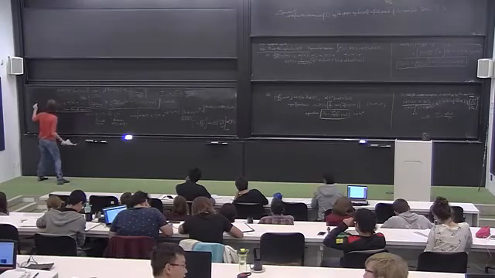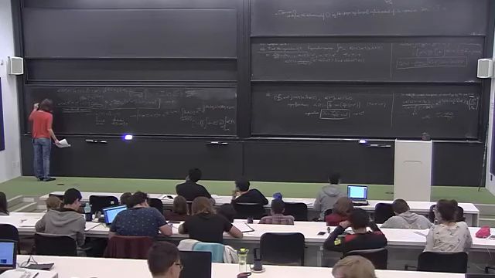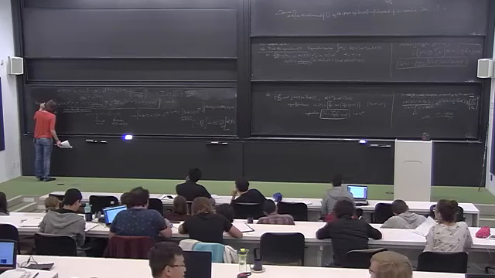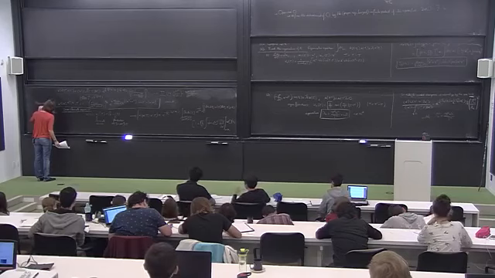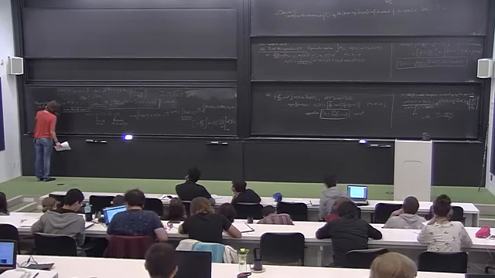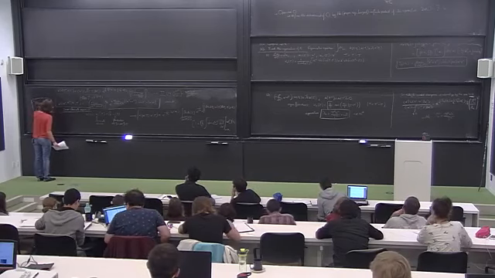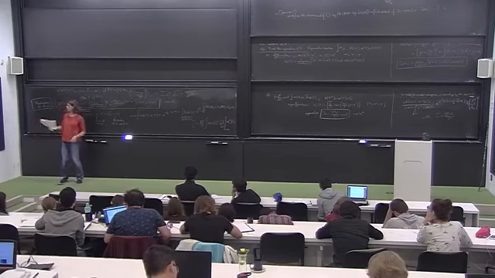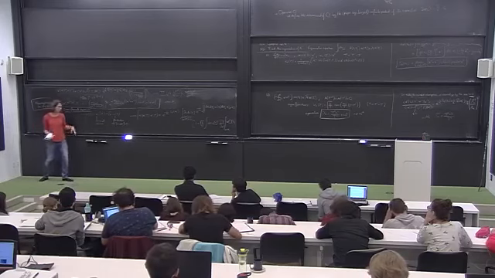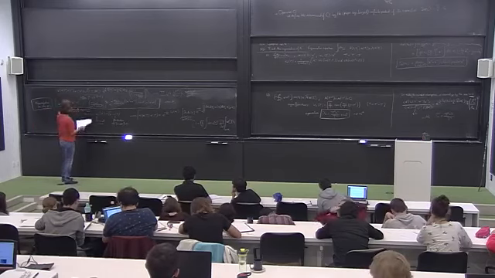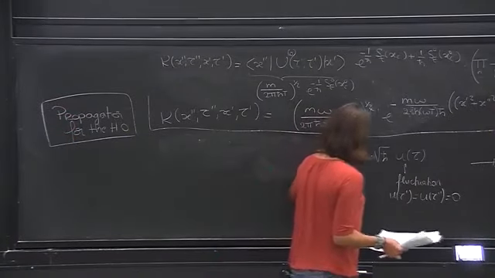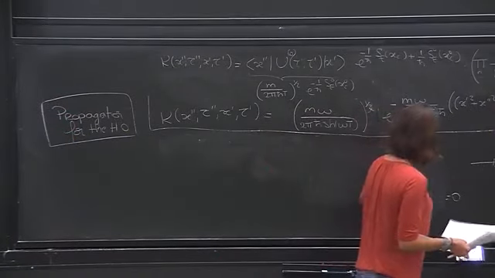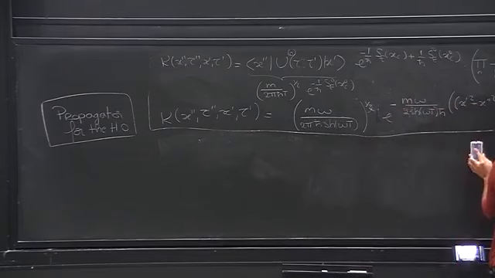So this is for the propagator for the harmonic oscillator. And in fact, what we're going to look at now is an explicit example to see how perturbation theory can work and give you a few methods that you're going to use a lot in the quantum field theory course.